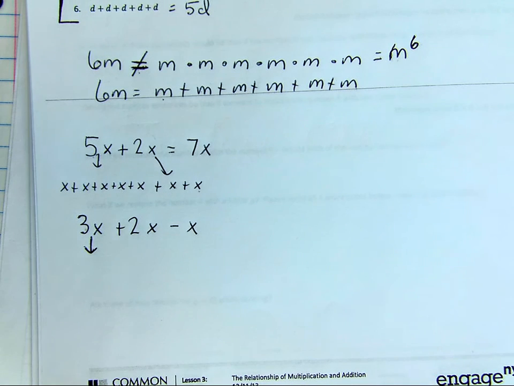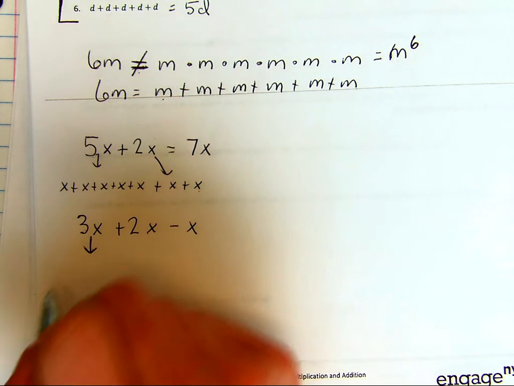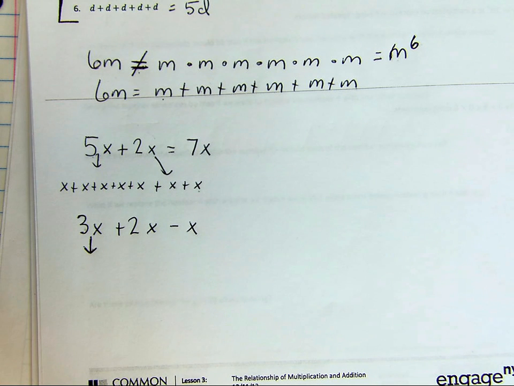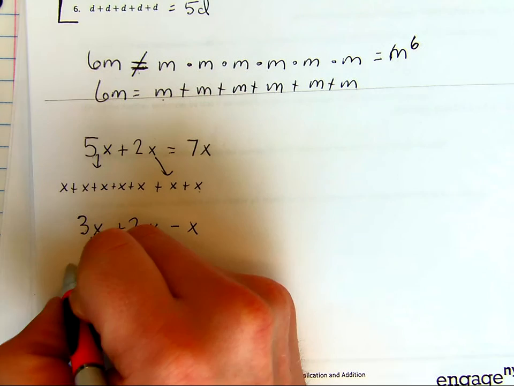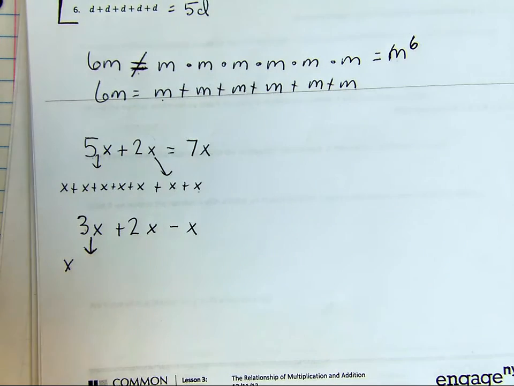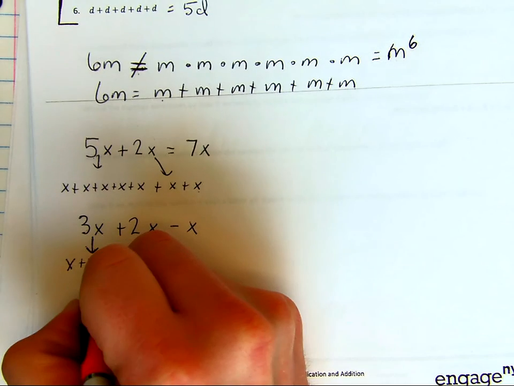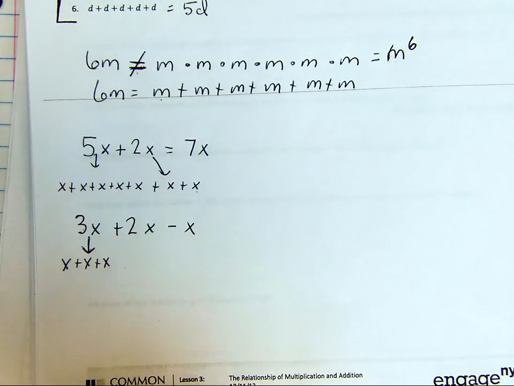Would be, Caleb, 3x in expanded form? 3 times 3 times... No? Keelan? No? Okay. So that's x plus x plus x.